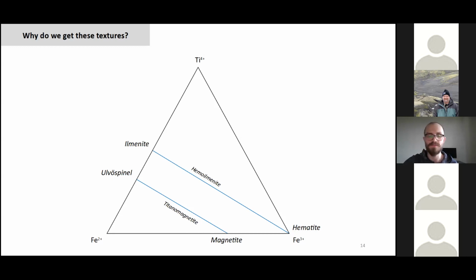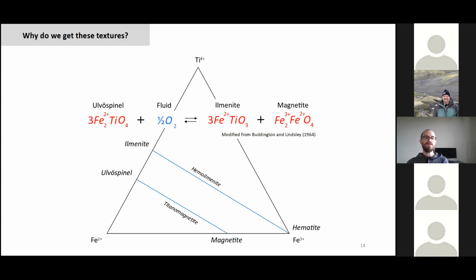So what's going on? In 1964, Buddington and Lindsley proposed the oxy-exsolution model, in which some of the iron 2+ is oxidized to iron 3+ to form magnetite, and the rest of the iron 2+ and titanium is used to form ilmenite.